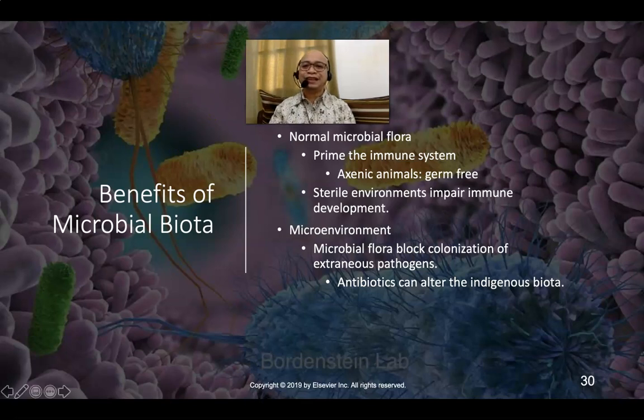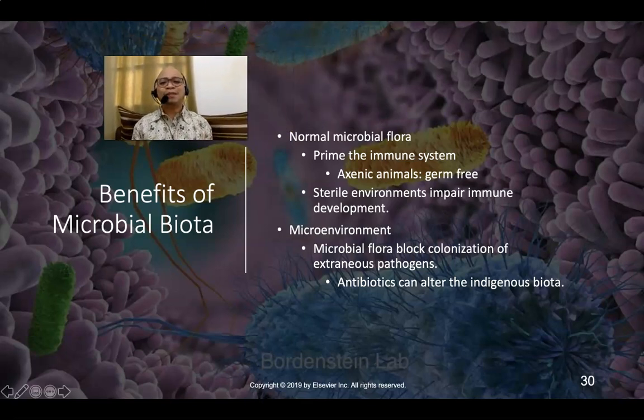So these are the benefits. Normal microbial flora will prime the immune system. This was demonstrated among axenic animals and experimental animals that remain germ-free. Sterile environments will also impair immune development.